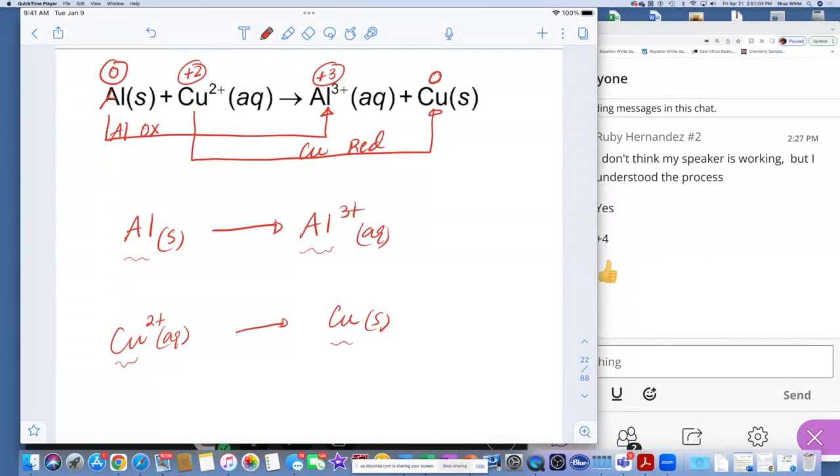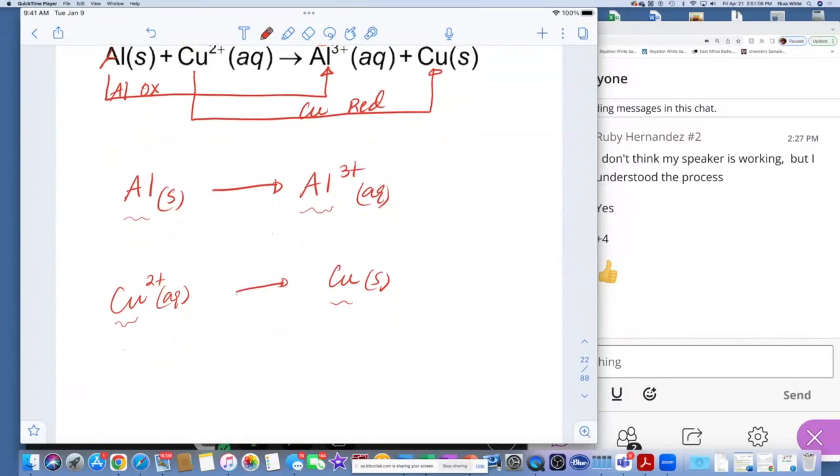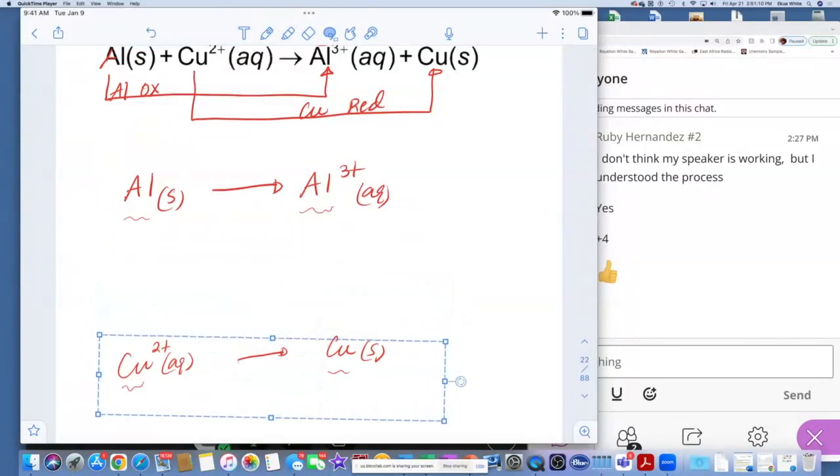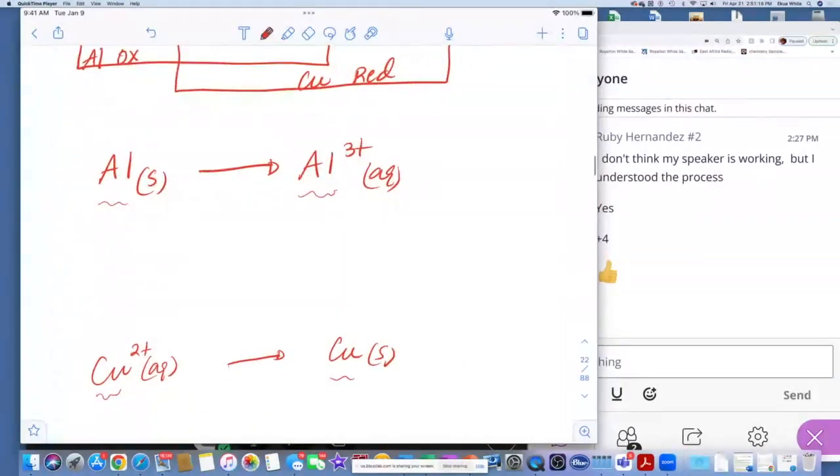So when I look at this side right here, let me try to separate these a little bit more. I'm going to use a visual to illustrate what I'm doing. On the left of the balanced equation, I have 0 charge, right? There's no charge here. On the right, I have 3 positives.